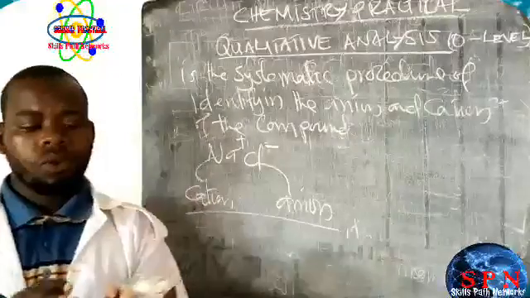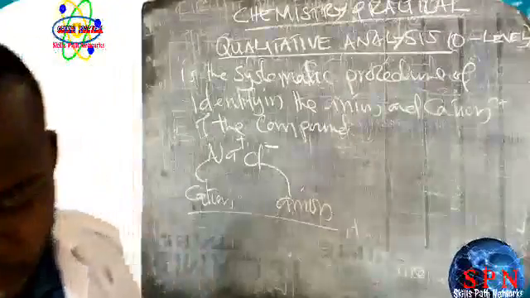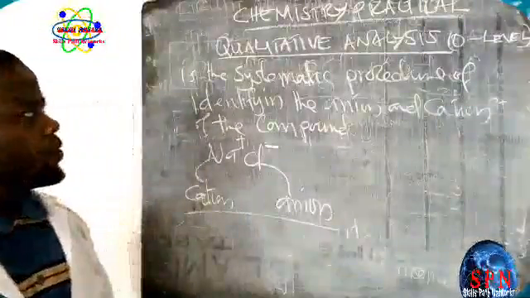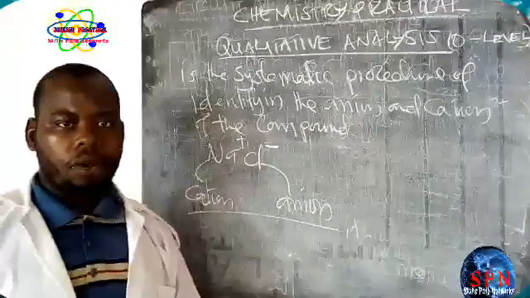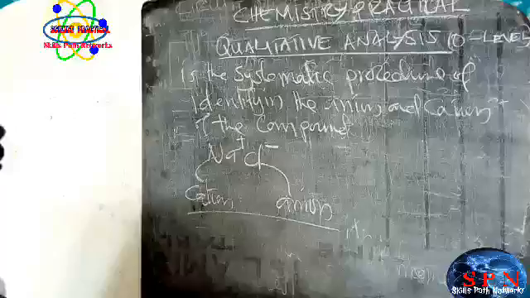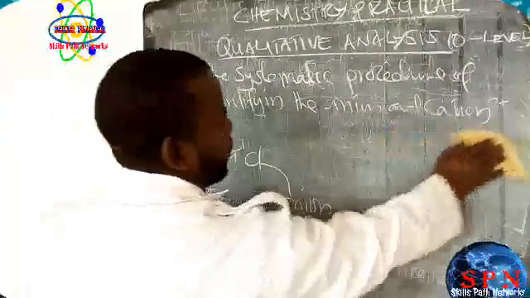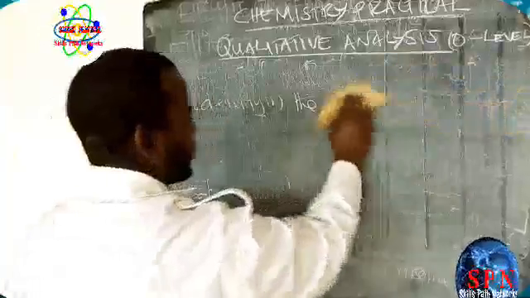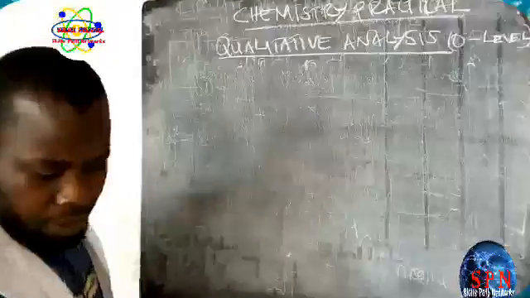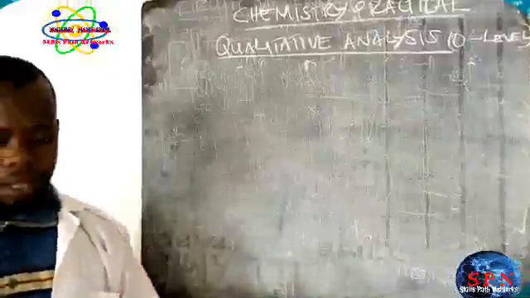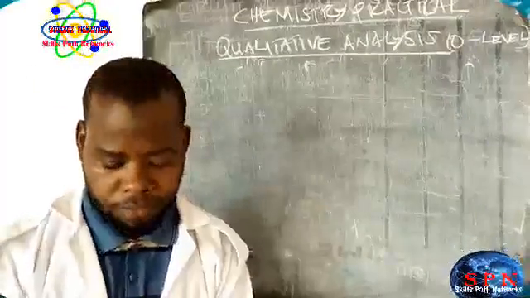To identify it, you are supposed to follow a systematic procedure of qualitative analysis. At O level this is performed by using a guide sheet.